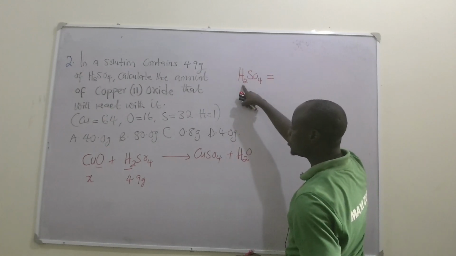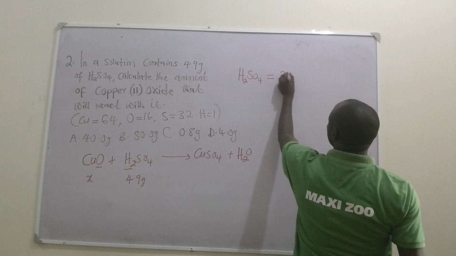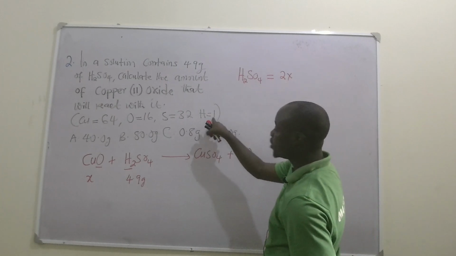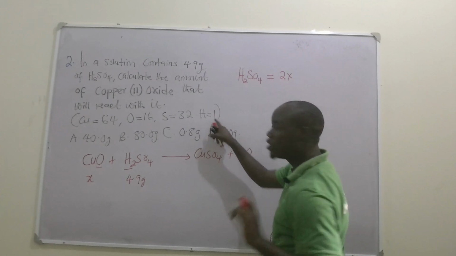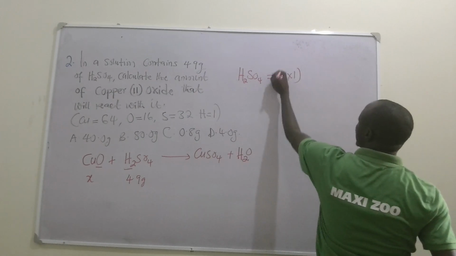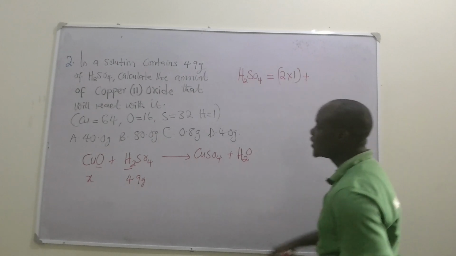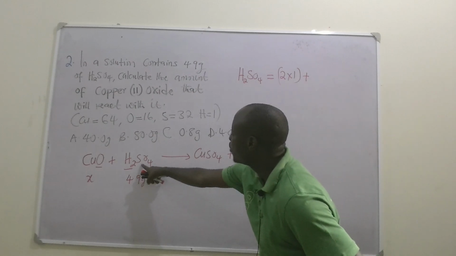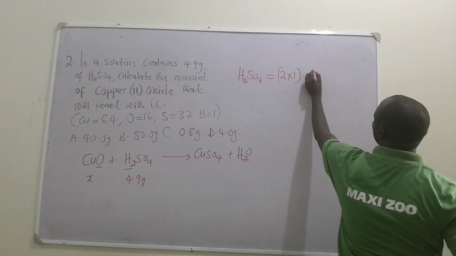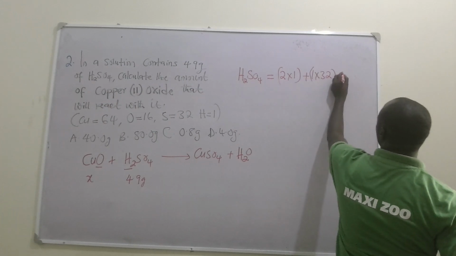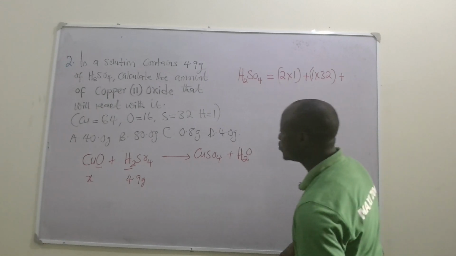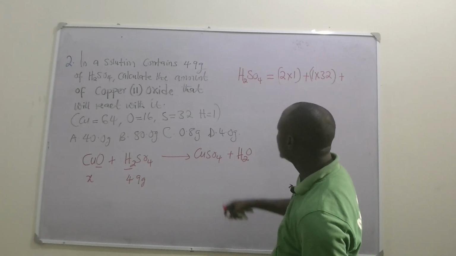How many hydrogen do we have here? It is 2. So we have 2 times the mass of hydrogen, which is 1, so 2 times 1, then plus the mass of sulfur. We have 1 sulfur, so 1 times 32, plus the mass of oxygen.